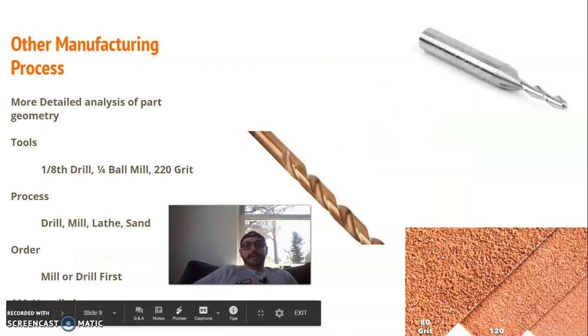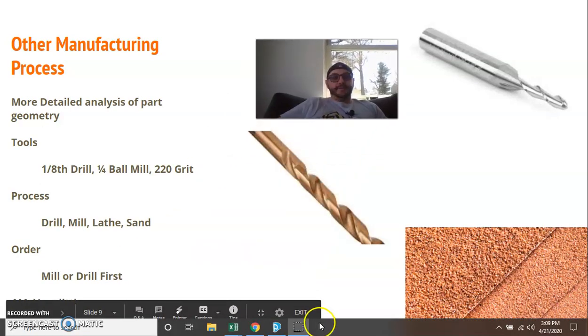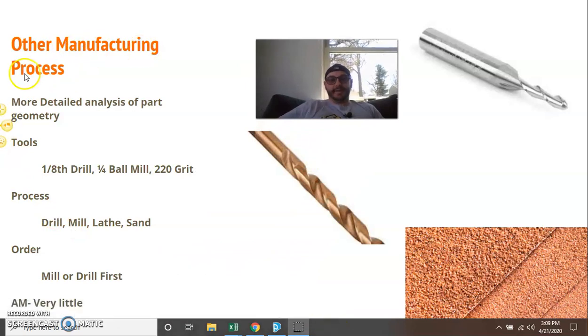All right. Another reason for additive manufacturing is that there are other manufacturing processes, but they become a different issue, okay? Some of them look at more detailed analysis of the part. So if we were to make it, it would have to change throughout. The designer has to have a better understanding of how the part is really made, because they have to know what tools are going to be used to make this.